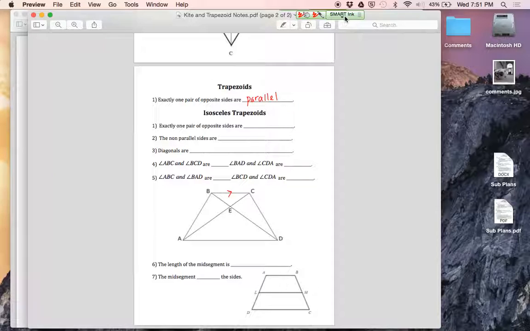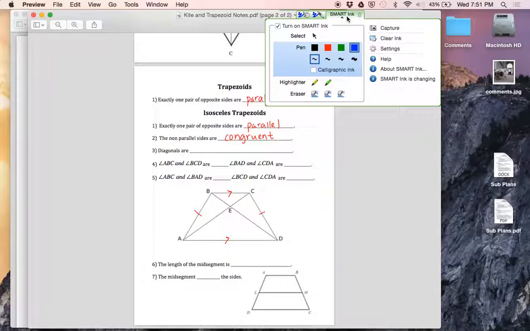We mark that with the arrows here. Now, because isosceles trapezoids are types of trapezoids, we say that exactly 1 pair of opposite sides are parallel. And the non-parallel sides are congruent. So I'm going to mark that in my diagram. These 2 sides are congruent.